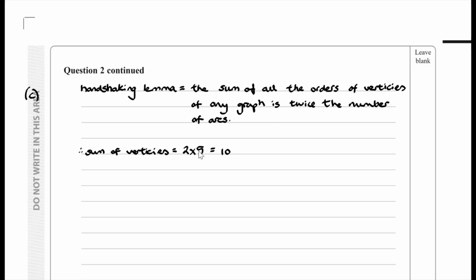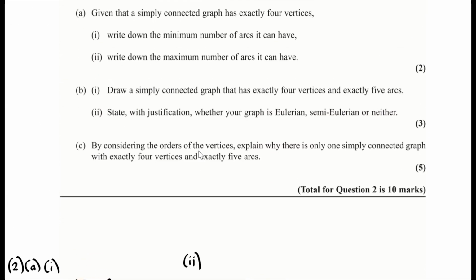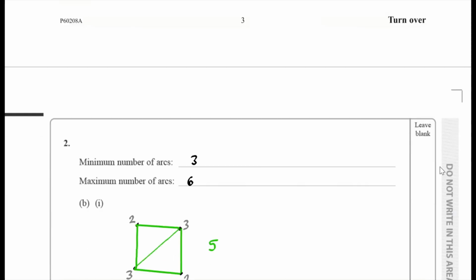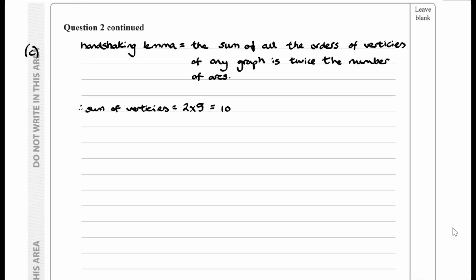Now, we were also told in the question that the graph is simply connected, and by definition a simple connected graph cannot have a vertex with order 0. Let's just write that down.